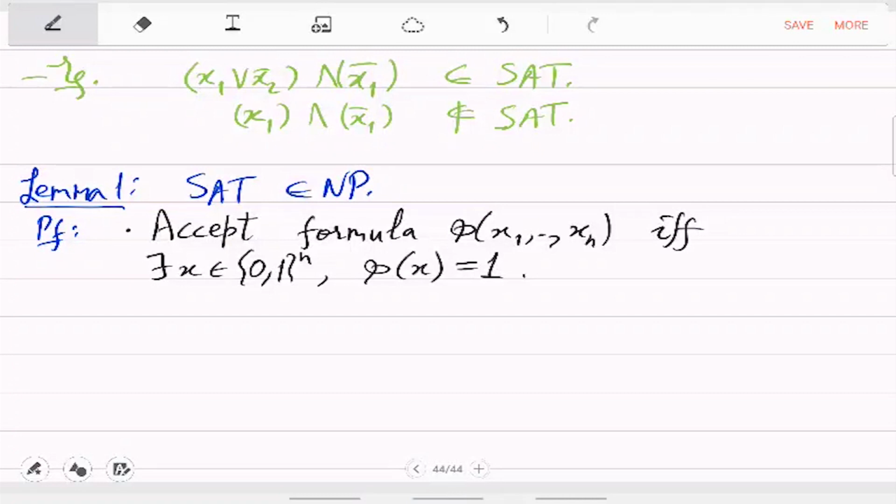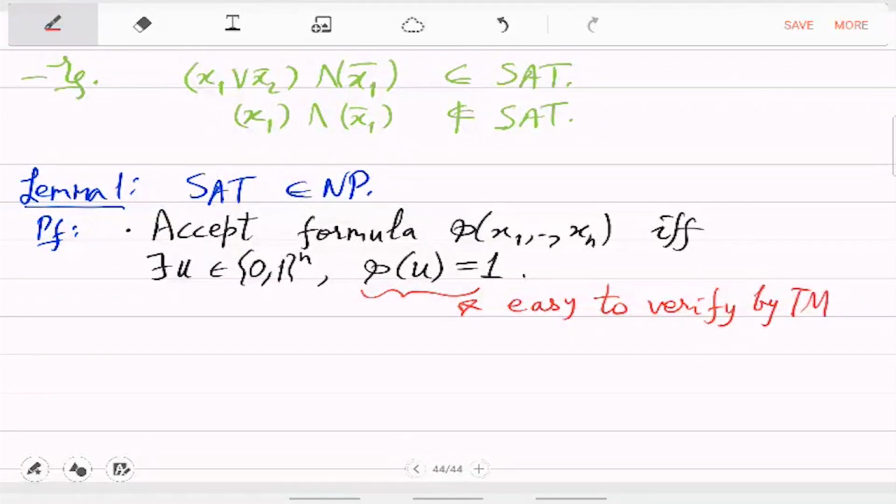And if you want, you can think of this x as u also. That's the certificate. So this is easy to verify by a Turing machine.